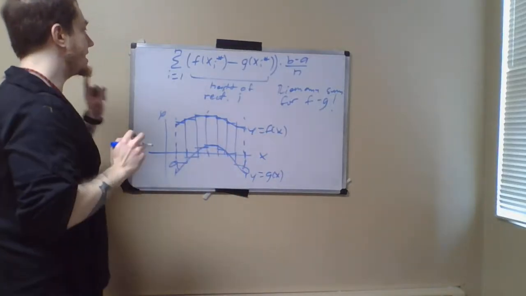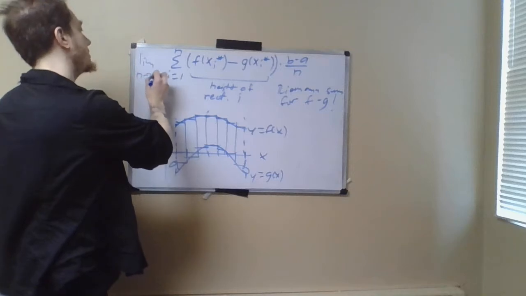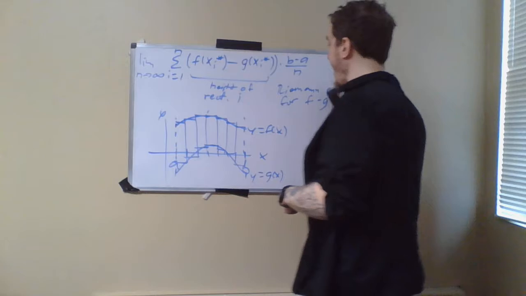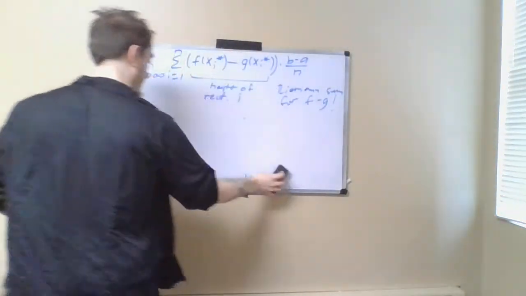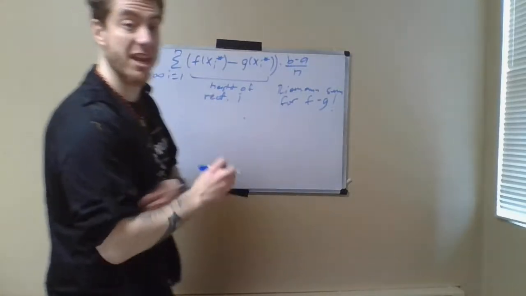And so, in the limit, as n approaches infinity, what we end up with here is actually just, I'm going to have to write this on the next line because I don't have any space.